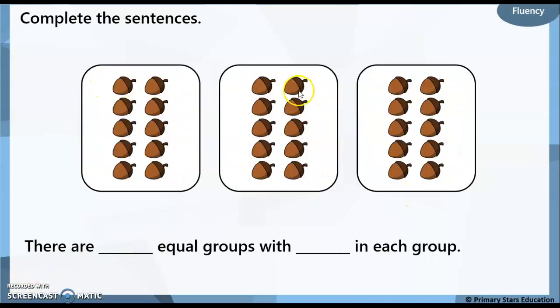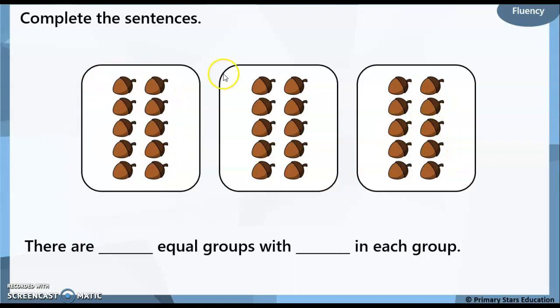Here we have 1, 2, 3 equal groups. Looking at them, you can see they're equal. Let's count in 2s to see how many are in each group. 2, 4, 6, 8, 10. 2, 4, 6, 8, 10, 2, 4, 6, 8, 10.